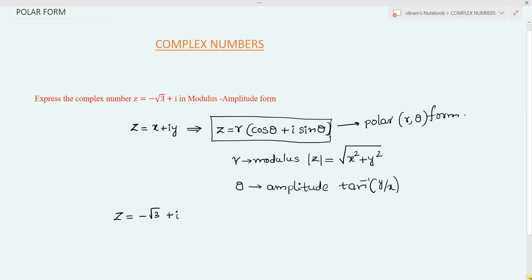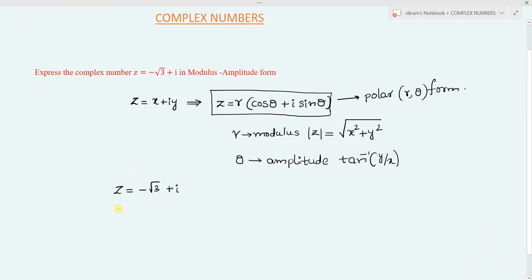Comparing with z equals x plus iy, we get x equals minus root 3 and y equals 1.